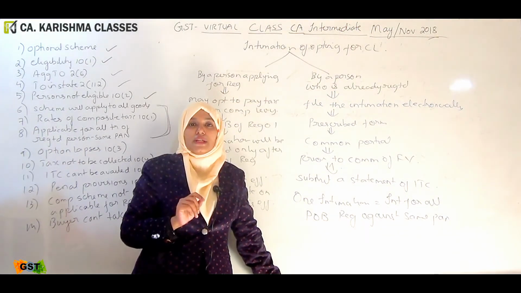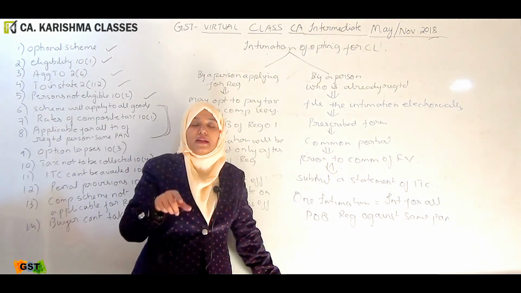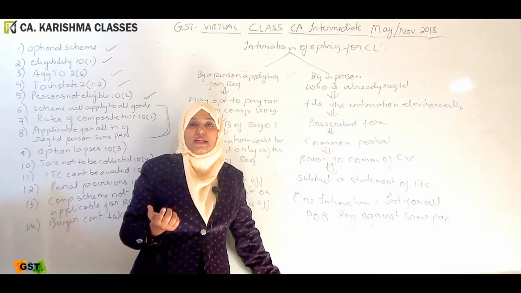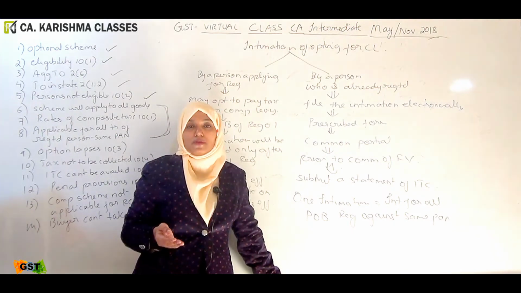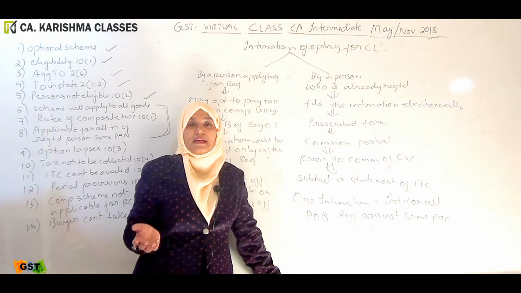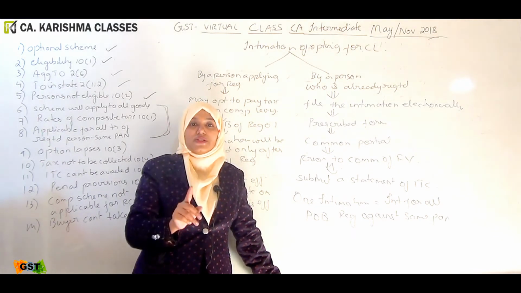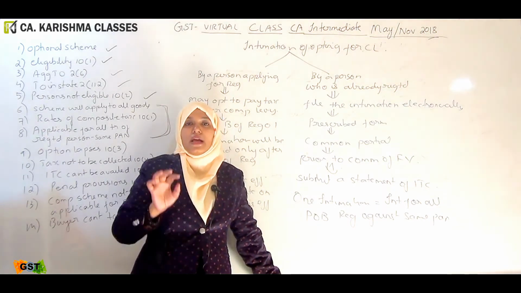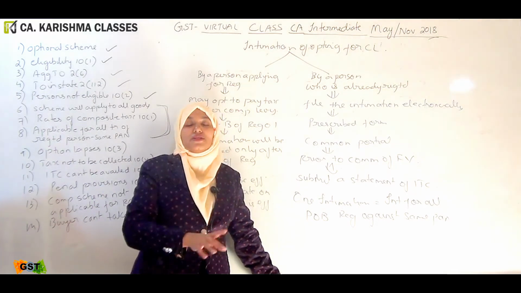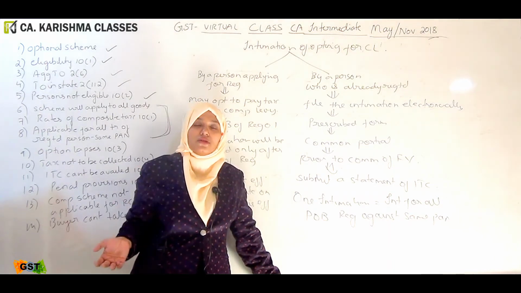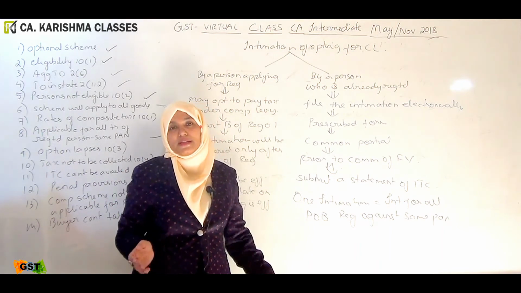Now the question is whether he should make an application state-wise: AP, Telangana, Tamil Nadu, because in each state he is registered. Is he supposed to intimate state-wise that I want composition scheme? The answer is no. In this era where everything is computerized, we should avoid duplication of work. So in one state you give us an intimation, and that intimation is also on behalf of all the other registrations. One state you submit, it is enough. That will take care of all the other places of business.